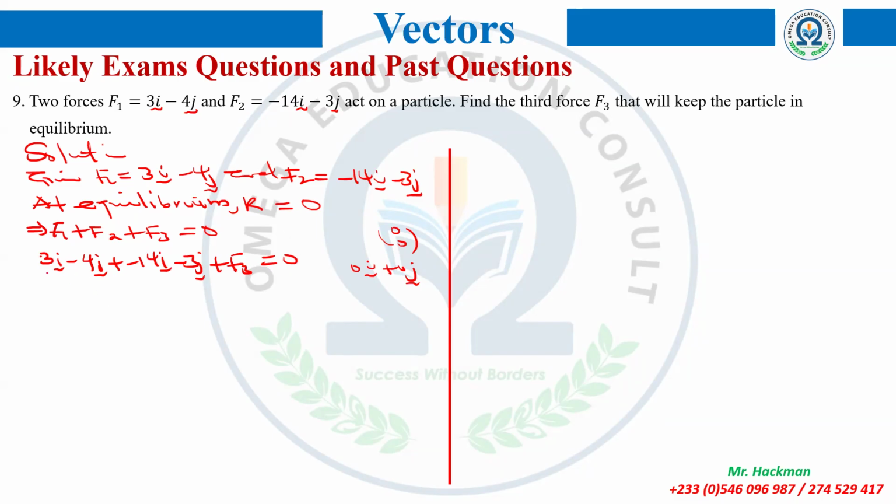On that note, we are going to get minus 11i tilde, then the j's: this j and this j will give us minus 7j tilde, then plus your F3 should be equal to 0. So it means your F3 will be equal to, you move these two to the other side, 11i tilde plus 7j tilde. All correct.